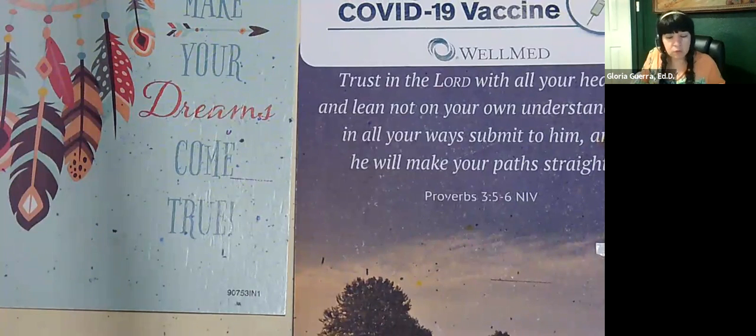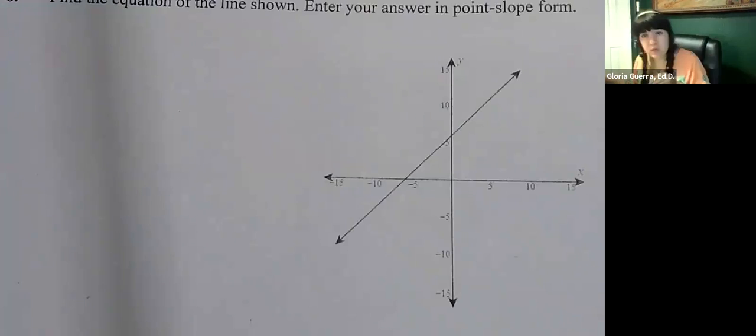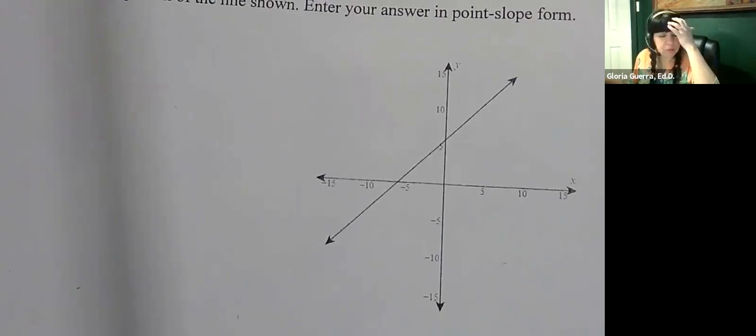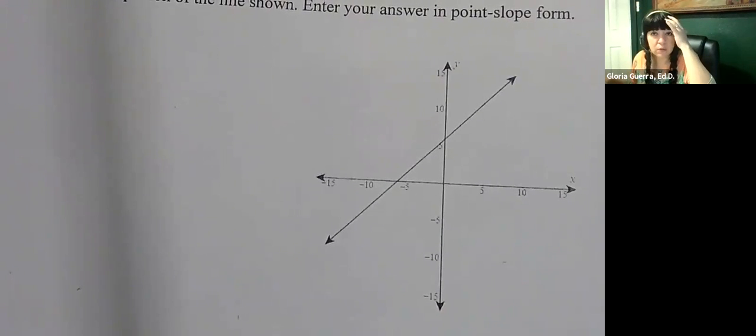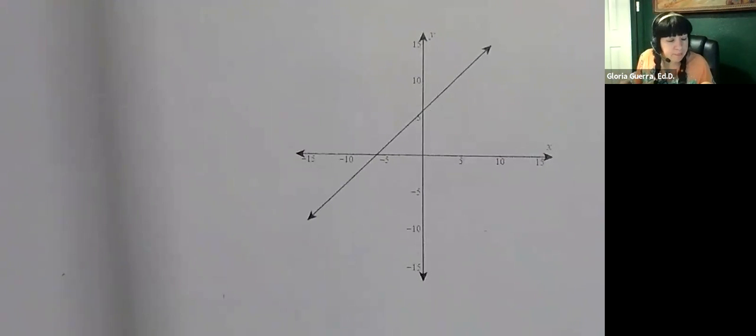So let me look for page 191. Let's see. Oh, this came out really light, so that's not good. It's just too light. I will probably have to use another example. See if I have another page of 191.